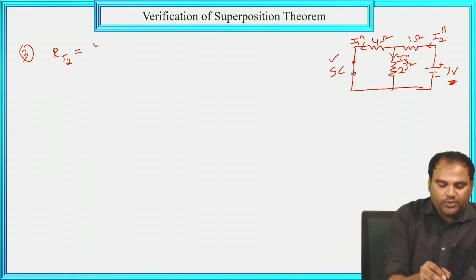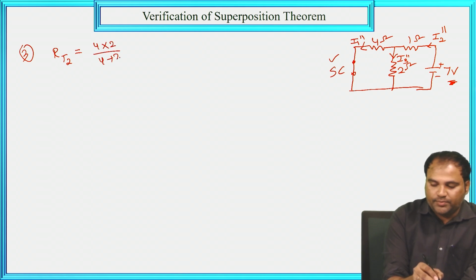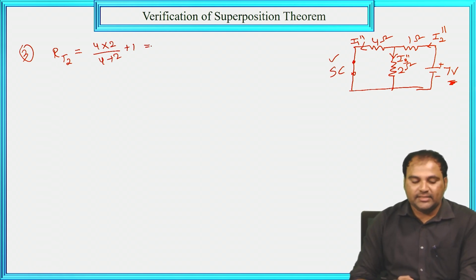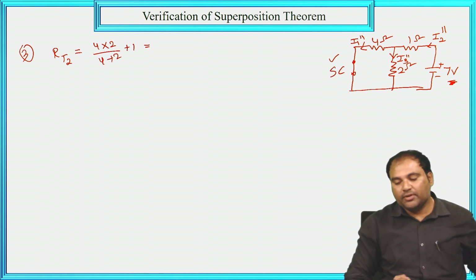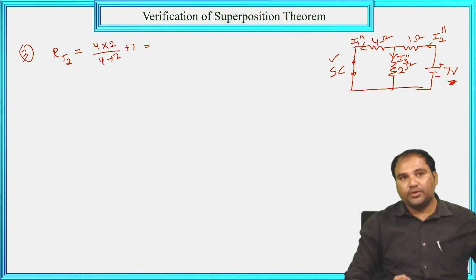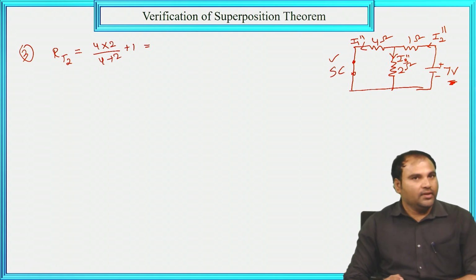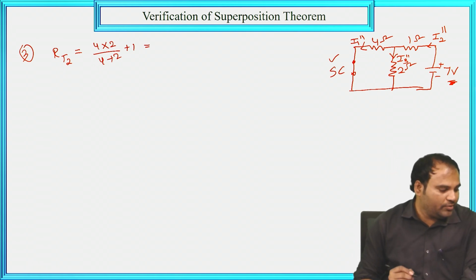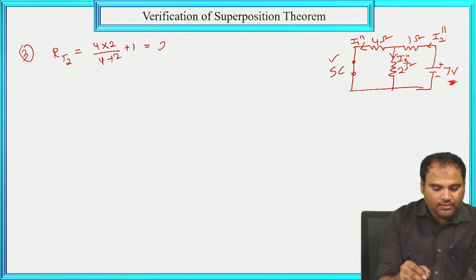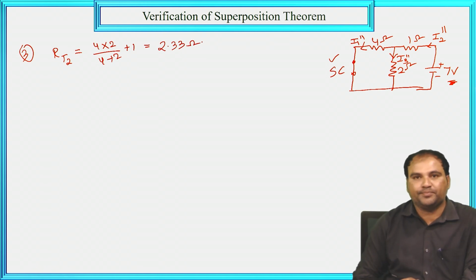So RT2 is 4 into 2 divided by 4 plus 2, plus 1, which gives 2.33 ohm.